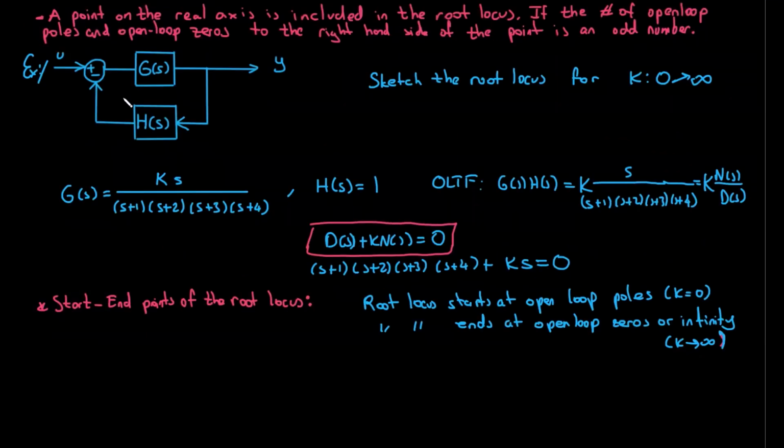All right, the second rule that we mentioned was the root locus on the real axis. The root locus on the real axis is found by inspecting any test point and counting the number of poles or zeros to the right of it.